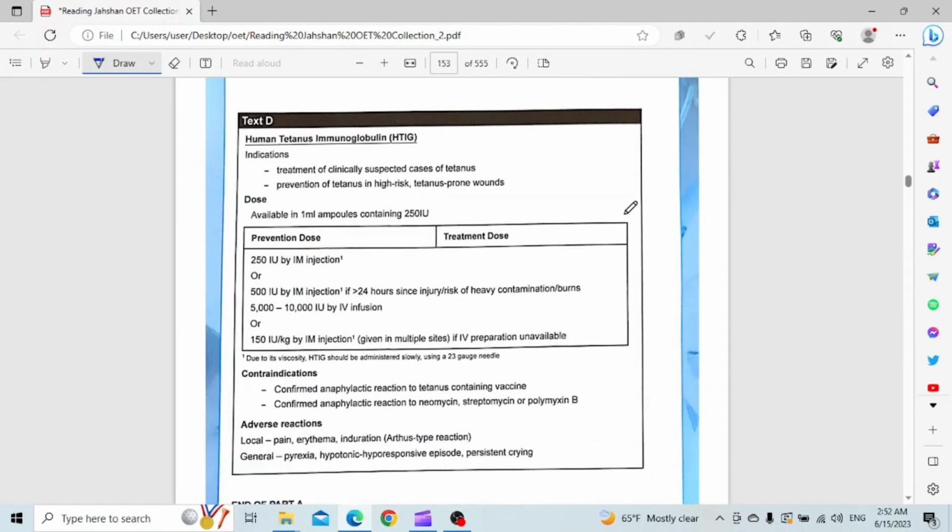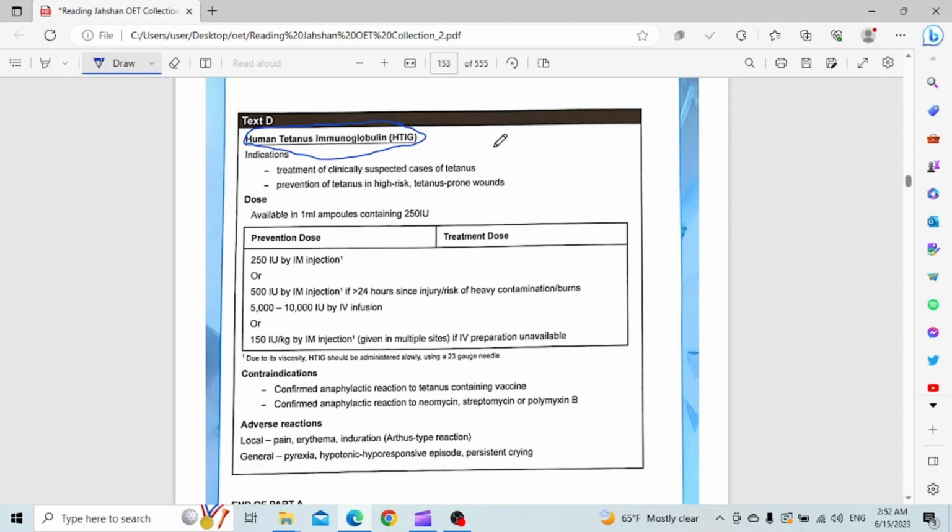This is about human tetanus immunoglobulin in a particular way. Sorry, I will make it. Okay, just a second. Okay. This is specifically about human tetanus immunoglobulin.